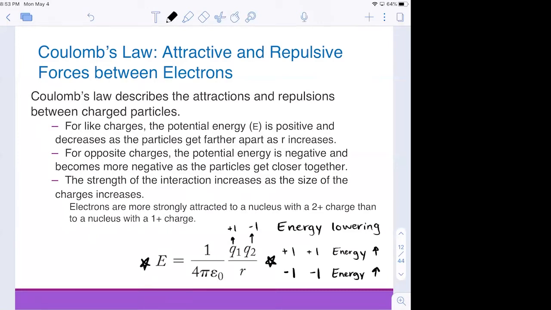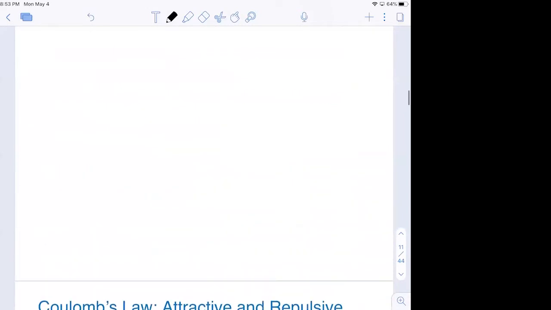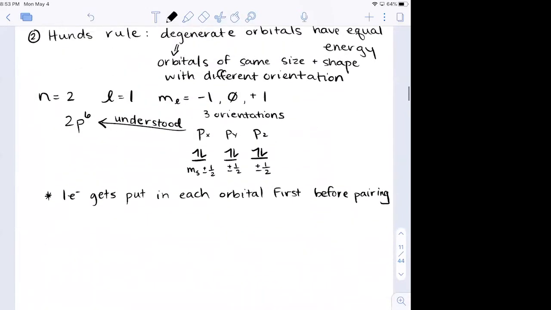And if electrons repel each other, we don't want them to be paired if we can give them the space that they deserve, meaning 1 in each. Let's just draw that out, 1 in each, so that each electron could have its own space before it pairs. If we have to pair, we will, but we'll try to give every electron its own space first.